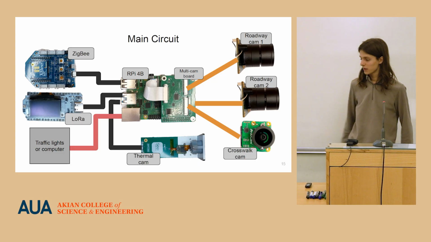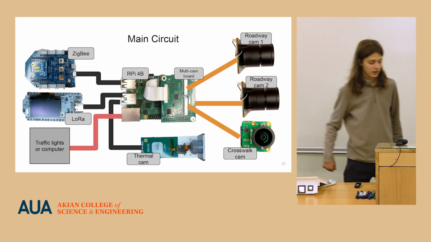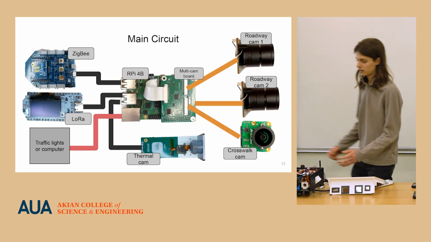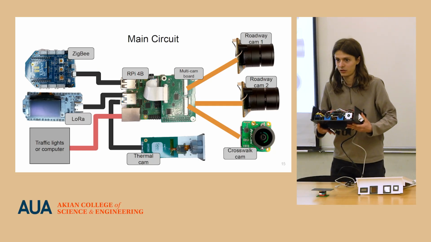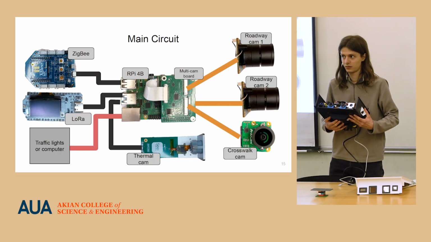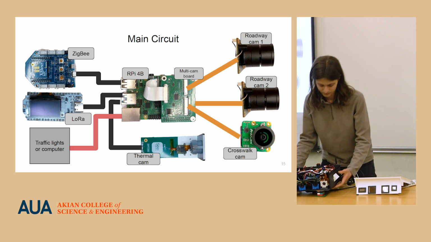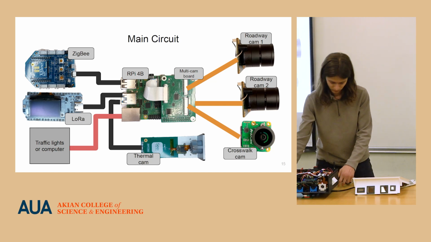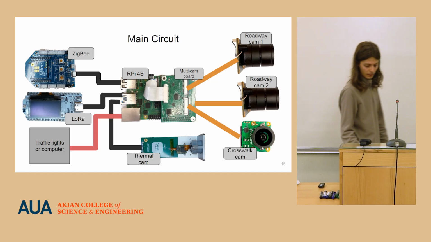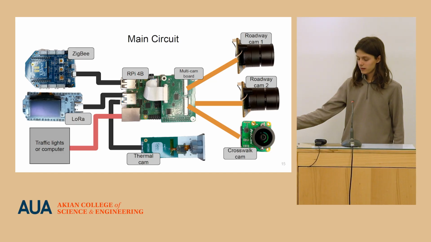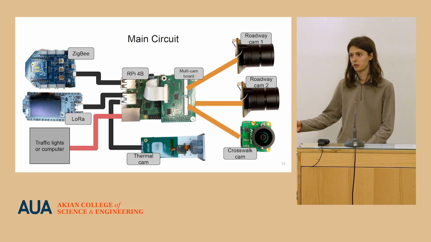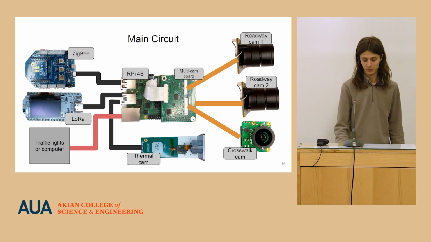We have a thermal camera sitting right here, and the camera that looks down onto the crosswalk, which is sitting right here. And it has the Ethernet port, which is connected to the traffic light controller or to the computer for debugging.